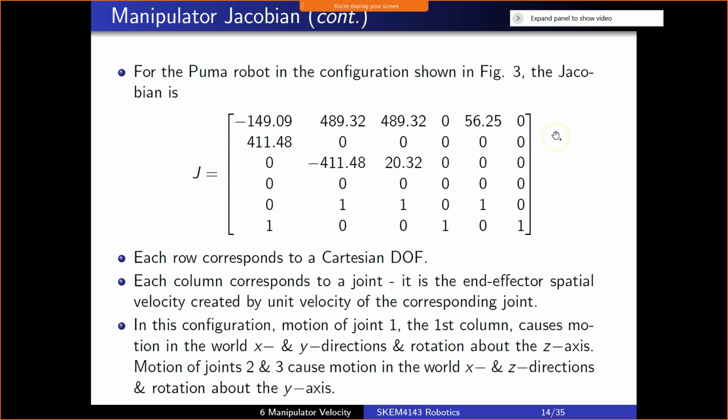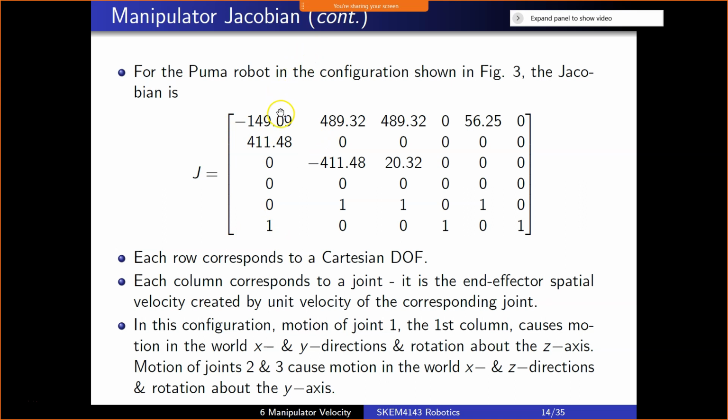Any motion of joint number 2 will affect the end effector as given by column 2, and so on. So if we have only motion in joint 1 at 1 radian per second, you can expect the end effector of the Puma robot will have Vx, Vy, and omega z.